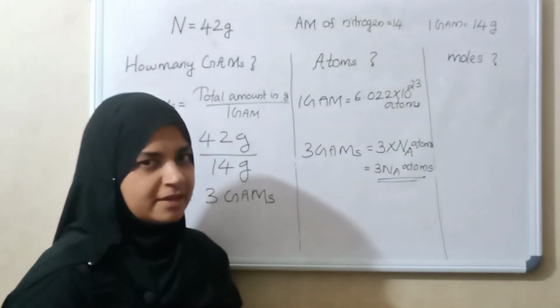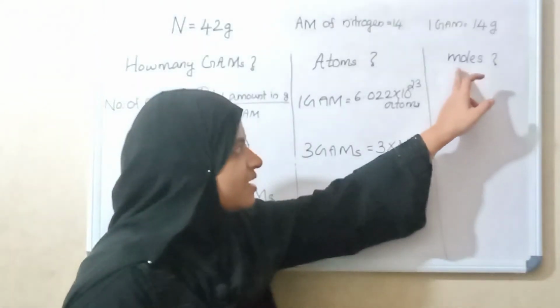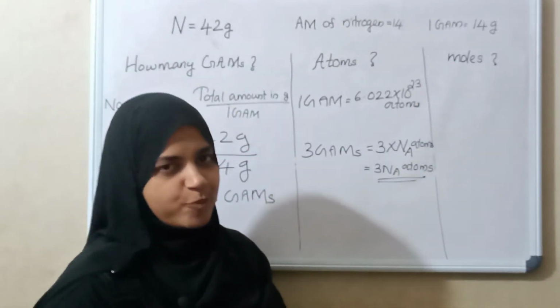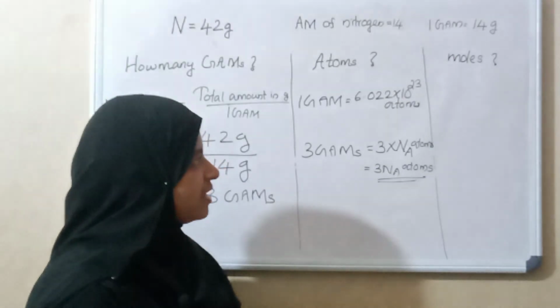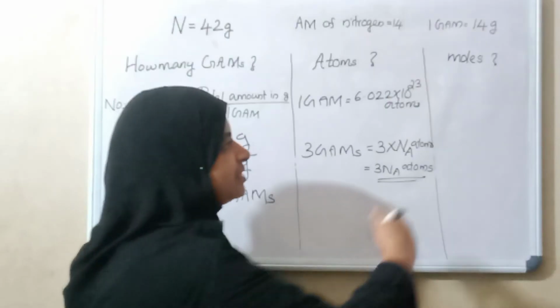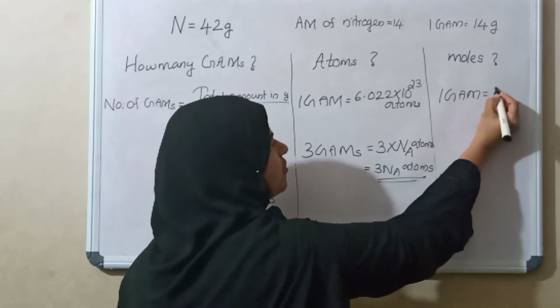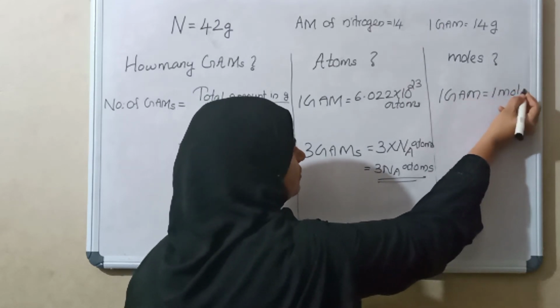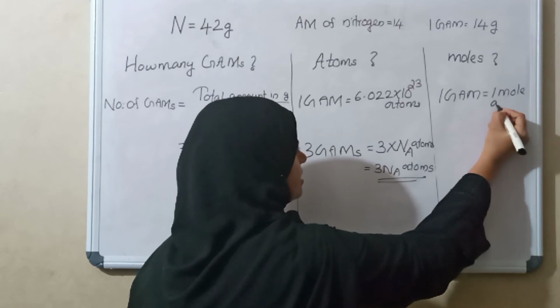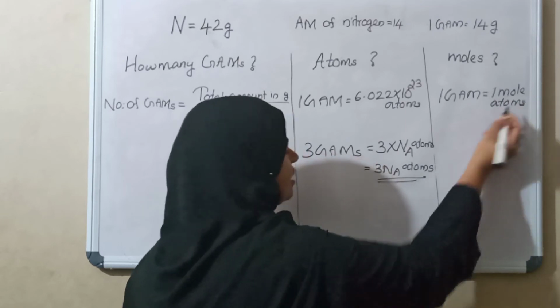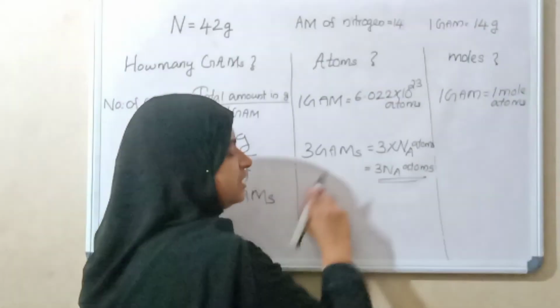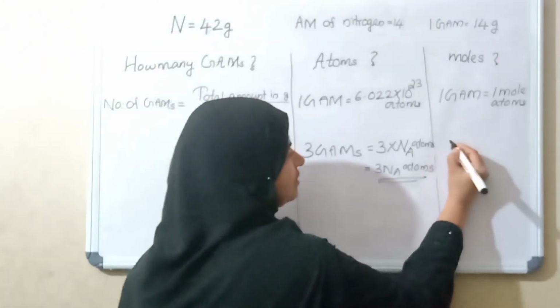Okay. The next sub-question is the total number of moles. Here we already said that 1 GAM is equal to 1 mole, that is 1 mole of atoms. Here how many GAMs are there? 3 GAMs.